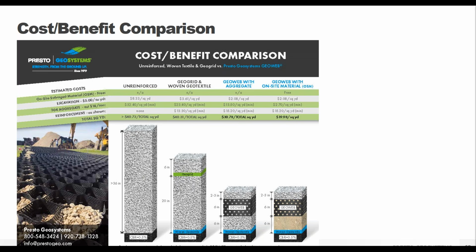In this case, it was for a gravel surface road, and the comparison shows both the difference in price and cross-section depth for an aggregate only unreinforced section, a section using geogrids and geotextiles, and then 2 sections using the GEOWEB system, one with an engineered aggregate that had to be brought in, and one using salvaged or on-site materials as the infill. So you can see that the GEOWEB system is both thinner and cheaper than any of the other methods, and significantly cheaper if you're able to use those on-site materials.